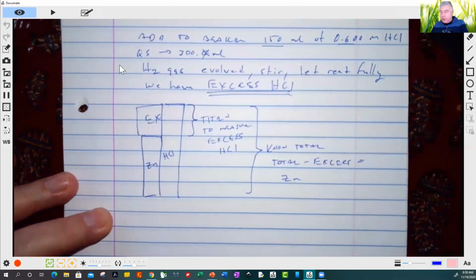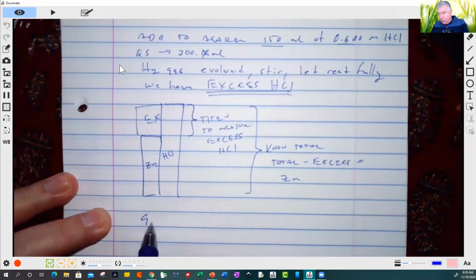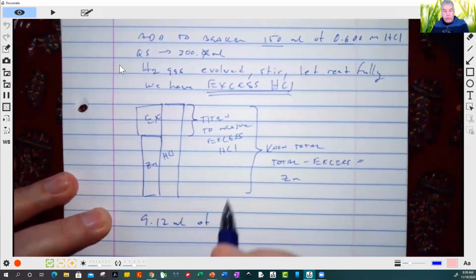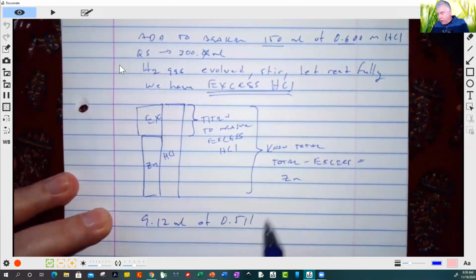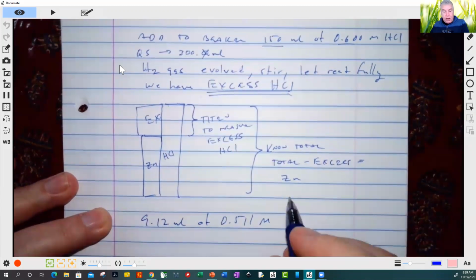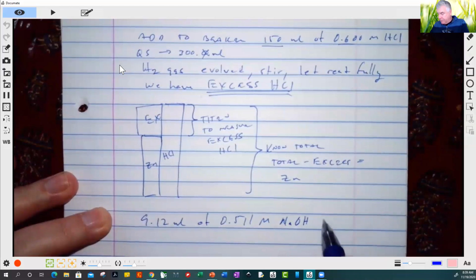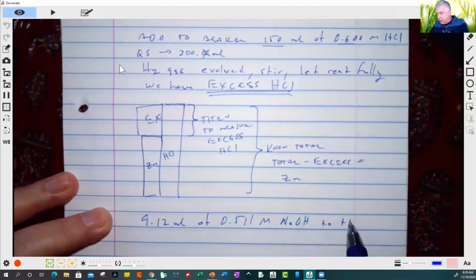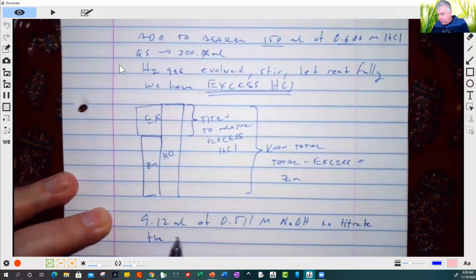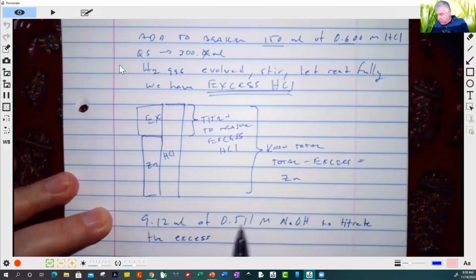So, let's just get some details here. It took 9.12 milliliters of 0.511 molar NaOH to titrate the excess H plus.